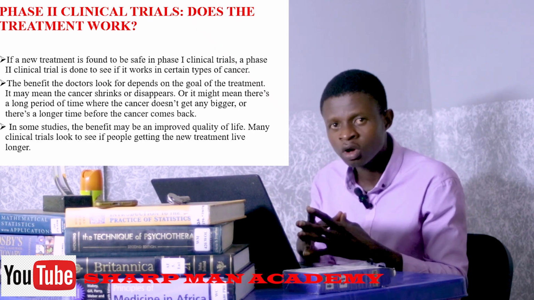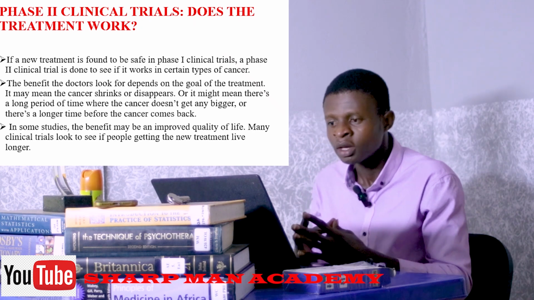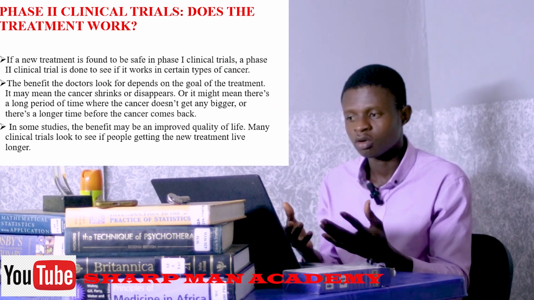So in phase 2 of clinical trial, if the new treatment or the drug is found to be safe in phase 1, then there is a need for us to continue to phase 2. After we found out that the intervention, the treatment or the vaccine in phase 1 is proving to be safe and promising, we continue with phase 2.